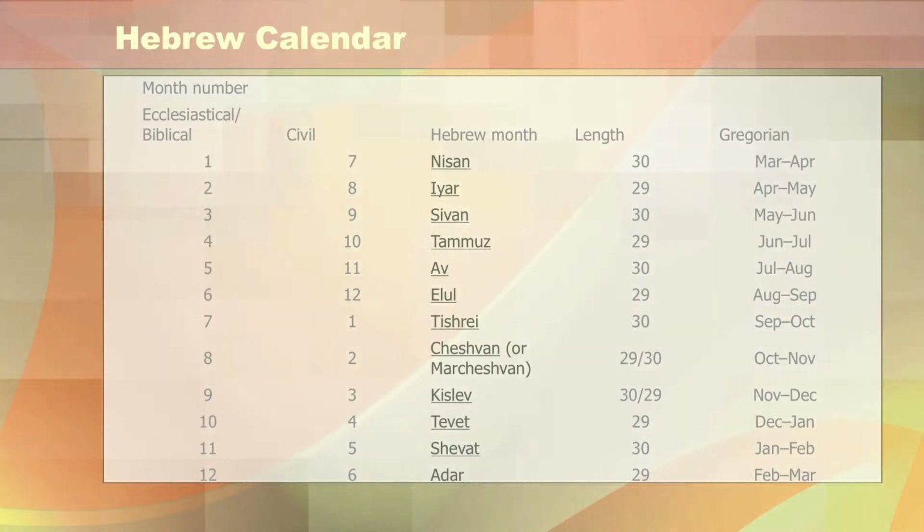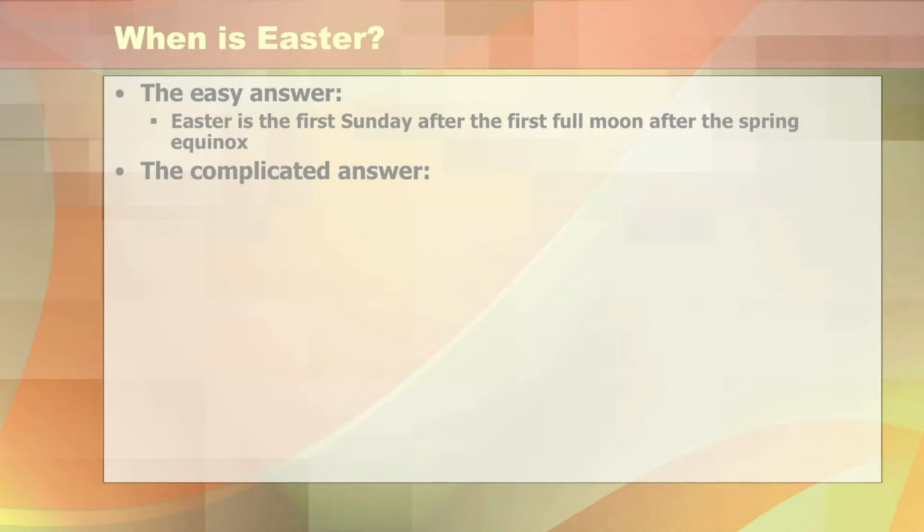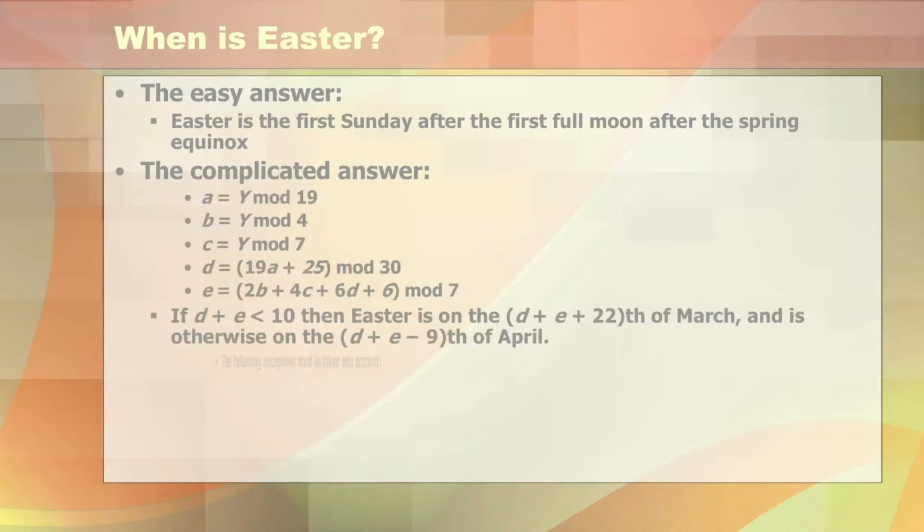Now, interesting, so here's sort of a shorter version of the answer. It's the first Sunday after the first full moon after the spring equinox. That's when you can find Easter every year. However, the church, of course, because it's the church, isn't satisfied with something that simple. And so they came up with this much more complicated set of formulas. Now, these formulas, I've modernized them a bit.